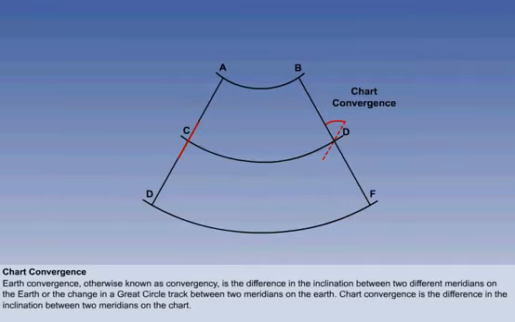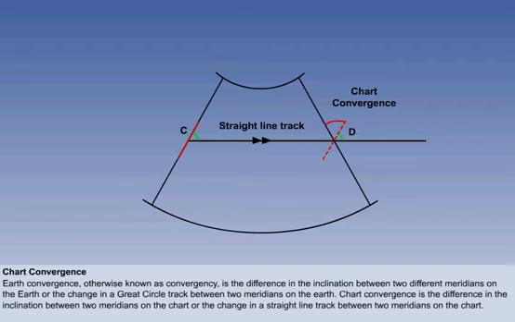Chart convergence is the difference in the inclination between two meridians on the chart, or the change in a straight line track between two meridians on the chart. Note that for chart convergence, we are considering the change in a straight line, but for Earth convergence, it is the change in a great circle track. The two are only the same thing at the parallel of origin.